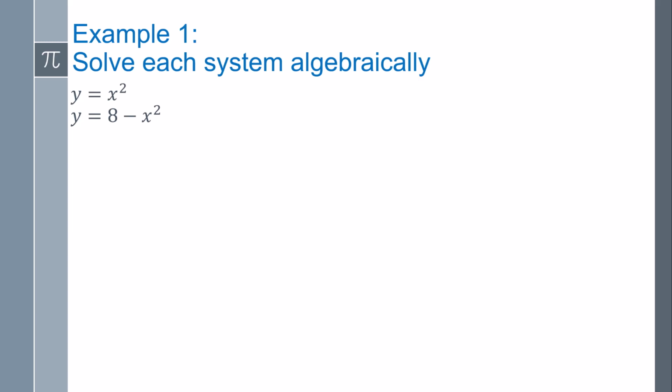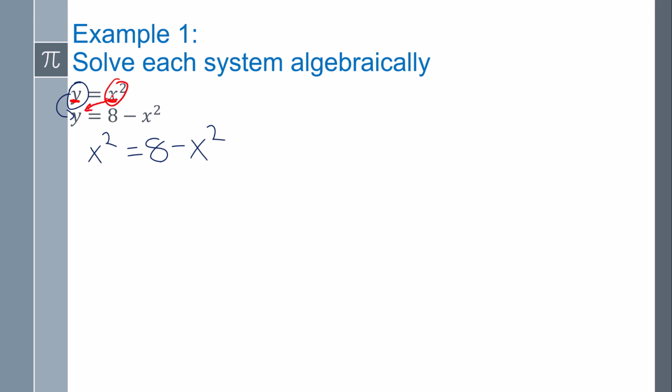We know what y equals, so we can actually take that value. Because I know y is x squared, that means that in the other equation, I can replace y with x squared. Because we're saying y is x squared, so I can plug in x squared into y.